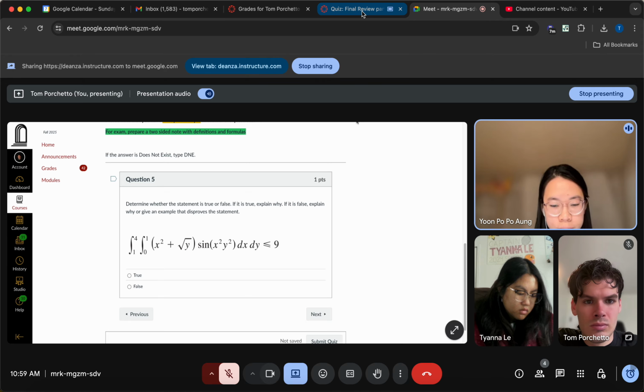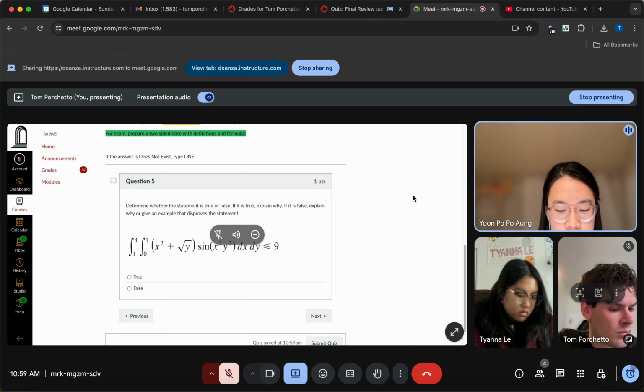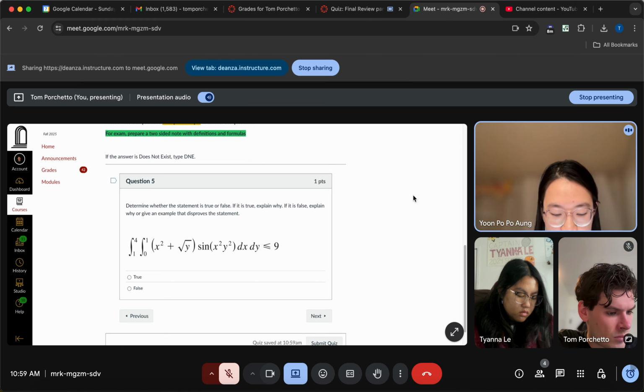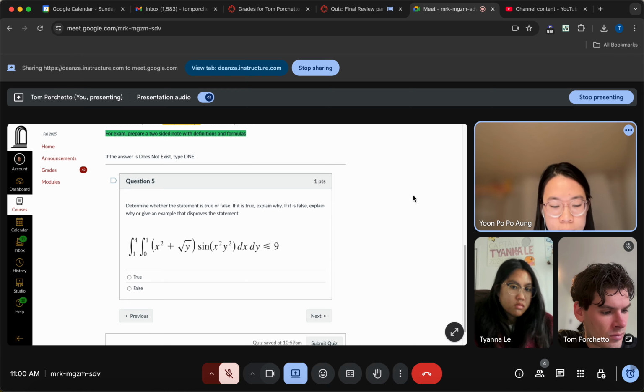For number 5, the question is asking if that limit is less than or equal to 9. In this kind of question, I would use the bounding theorem.